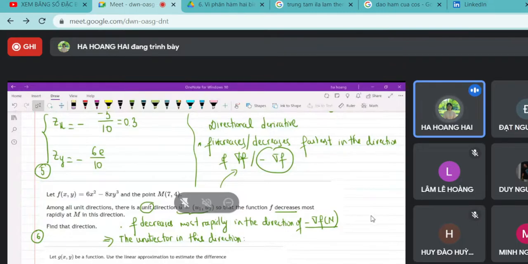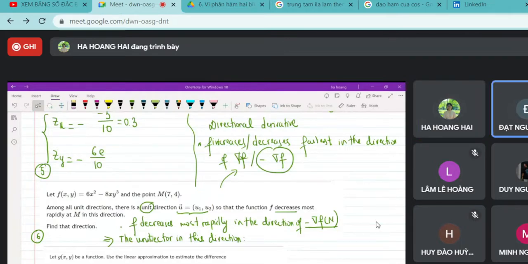So you know how to show that. Let's calculate it and give me your answer. What is the answer for this? What is U1 and what is U2?